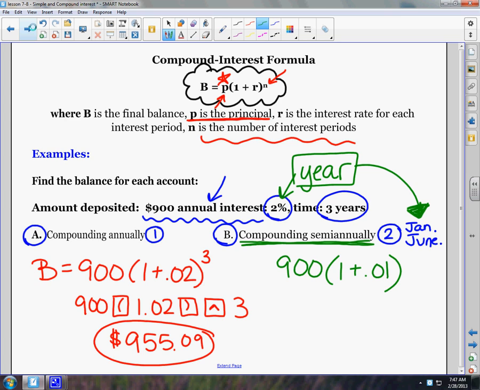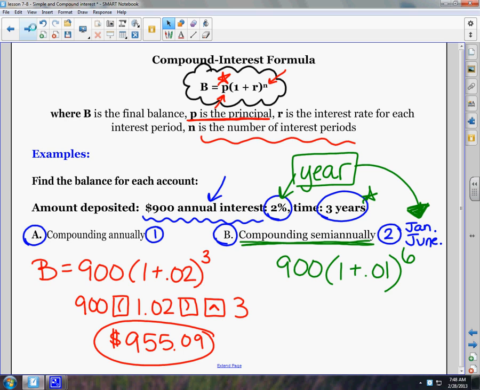Now, with the time, however, it's not going to be just a 3 as my exponent because it's compounding semi-annually. That means it's going to happen in January and June, and then in January and June, and then in January and June. So it's going to happen a total of 6 times. You have to double that number because it's not going to compound 3 times.